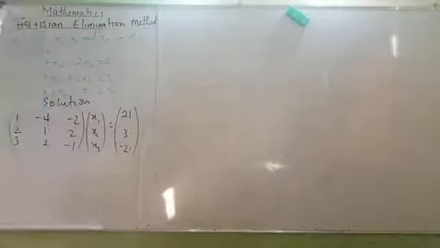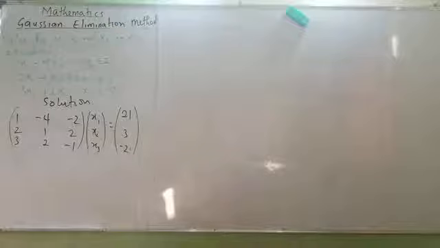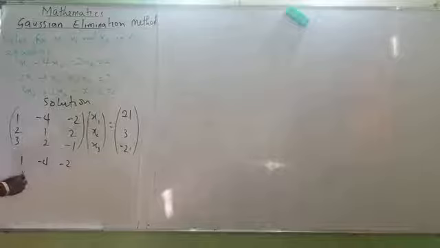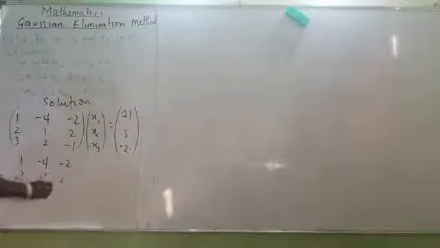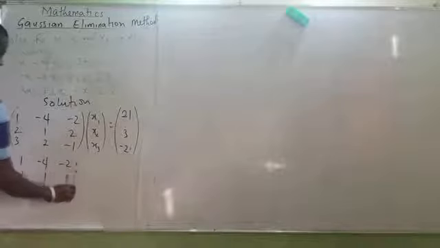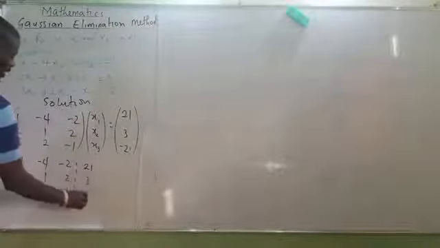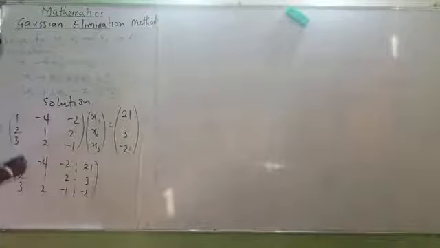That is the first thing I will do. Now, since I've done that, I will turn it into an augmented matrix: 1, minus 4, minus 2, 1, 2, 3, 2, minus 1, and 21, 3, and minus 2.